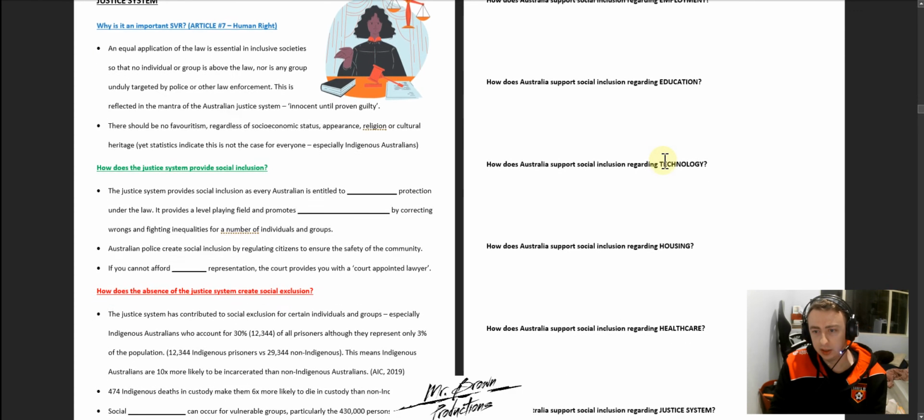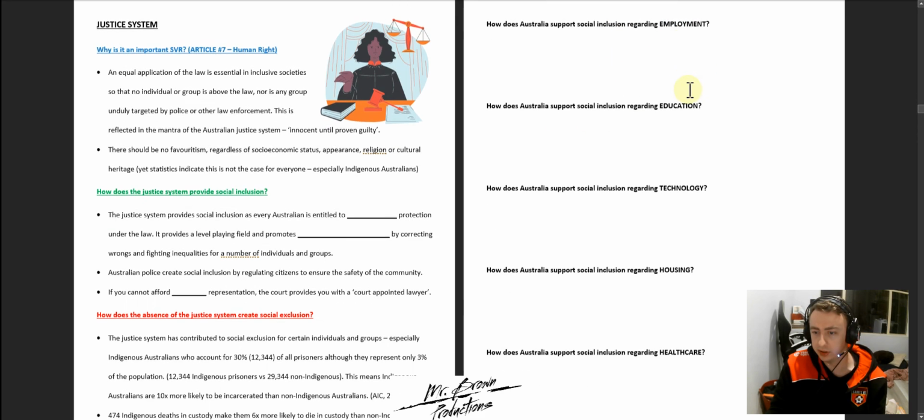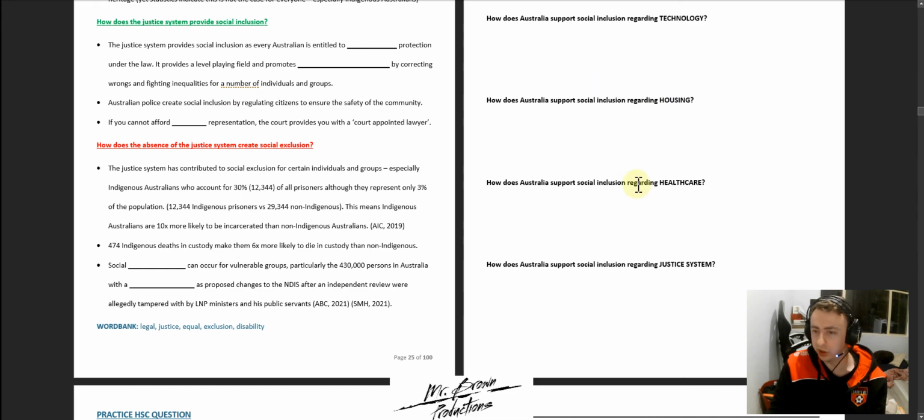Where do we do it in regards to employment? You might talk about during COVID, we had JobKeeper, for example. We do have Centrelink. We have other services that can provide. There's government agencies who can help you get a job if you're unemployed. So there's different areas there. So I just wanted to go through a lot.